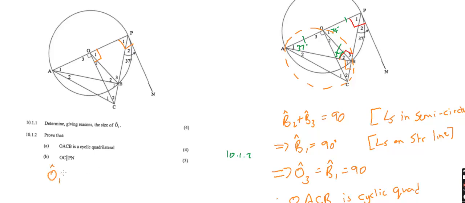O1 plus O2 plus O3 is equal to 180, but if I minus O3, O1 plus O2 is 90 degrees. And the reason for that, this is part B, the reason for that is angles on the same straight line.